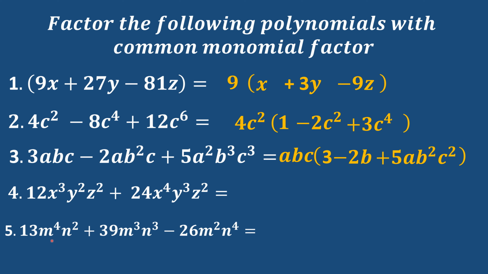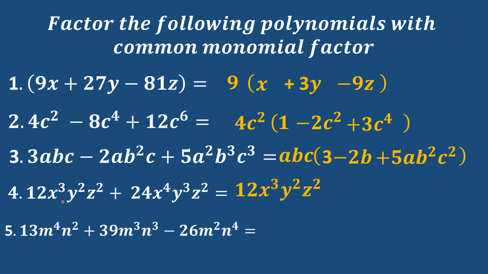Number 4, we have 12x cubed y squared z squared. For that, our common constant is, of course, the 12 and 24. It's 12 for the constant, while our x, y, z is also common to the terms.